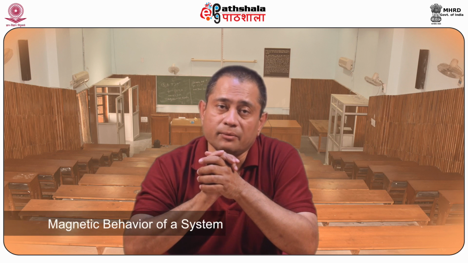The existence of a permanent magnetic moment is essential to the magnetic behavior of a system. Now, mu can be estimated by calculating L and S of individual atoms or ions of the system.